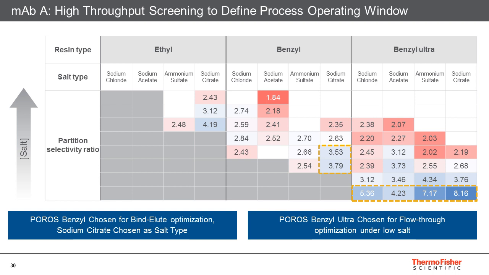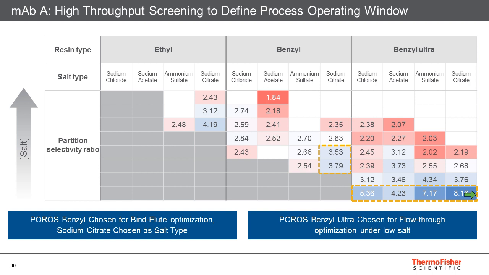So in addition to optimizing porous benzyl in the bind and elute mode for mAb, our high throughput study also indicated the possibility of running benzyl ultra in the flow-through mode, basically also for mAb aggregate polishing. And this can be seen by the highly selective monomer aggregate partitioning at low to no salt conditions here, again highlighted by the orange box.